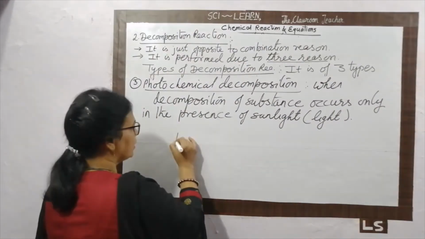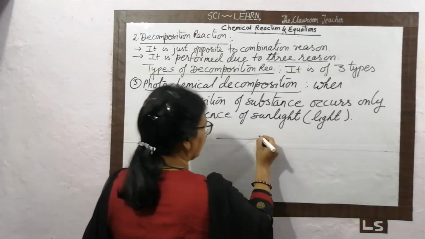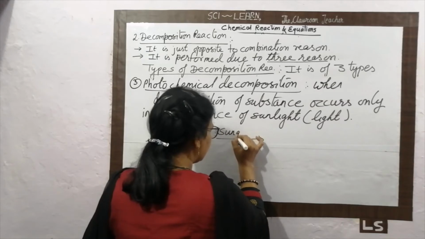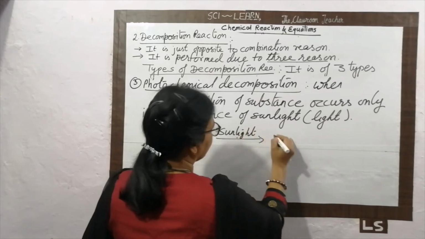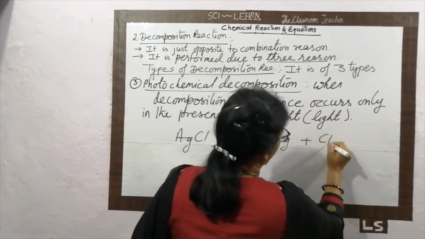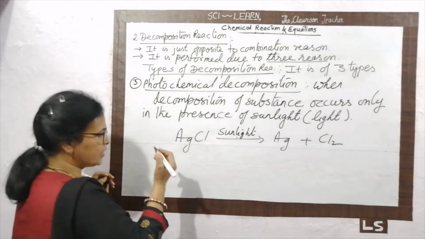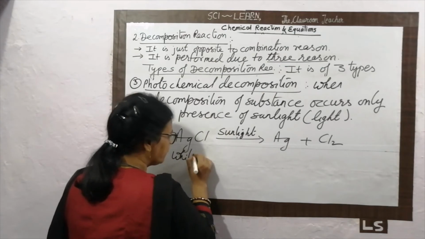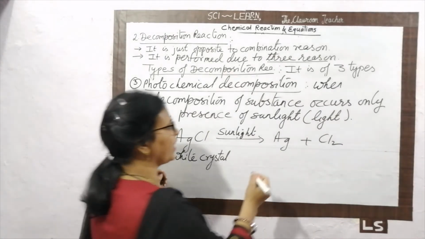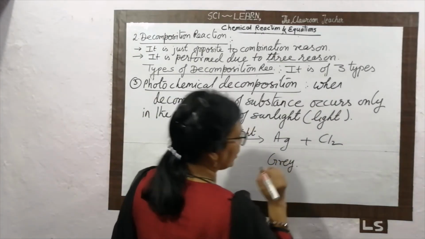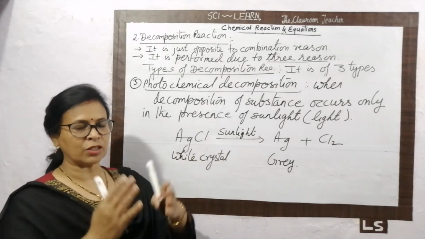Very good example of that. Silver chloride, AgCl, in the presence of sunlight. If we expose the AgCl, silver chloride, in sun, then it gets split up into silver and chlorine. Okay, in the presence of the sunlight. This is the AgCl. It is white crystalline in color. And this is the Ag, the silver, it is grey in color. So by the change in color, we know the presence of the silver.